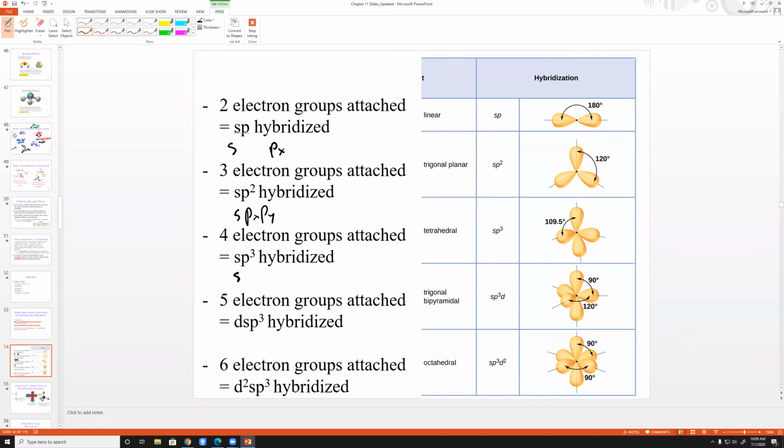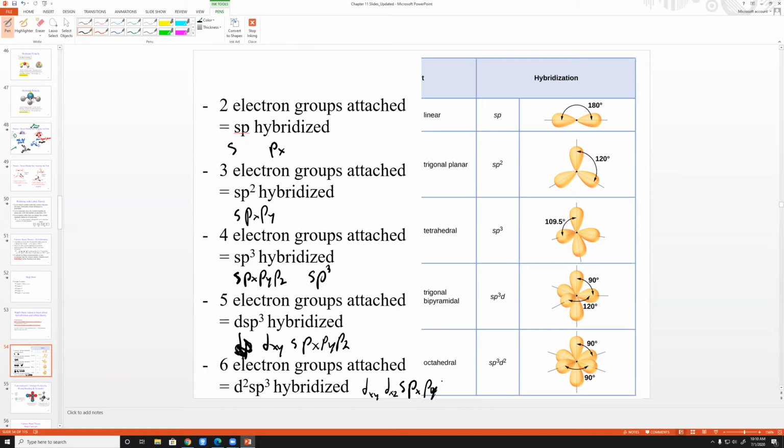The third one with 4 electron groups would be s, px, py, pz, or what we call sp3. With 5 electron groups, that's when you introduce a d orbital, so it'd be called dxy, s, px, py, pz. And the last one with 6 electron groups adds another d orbital, like dxz. It goes further beyond this, but it's not really too important.